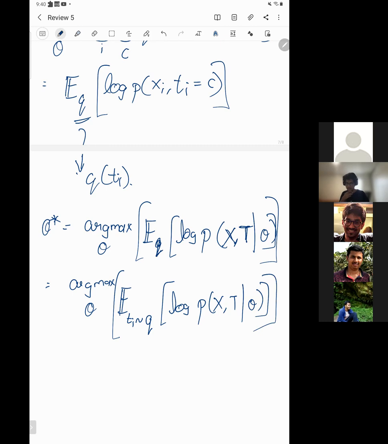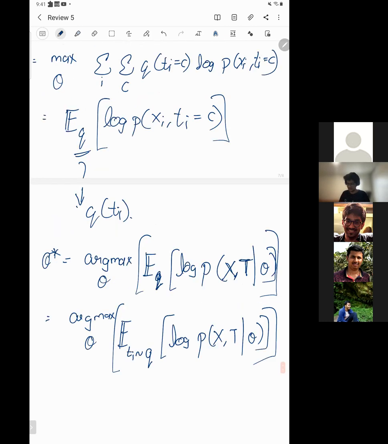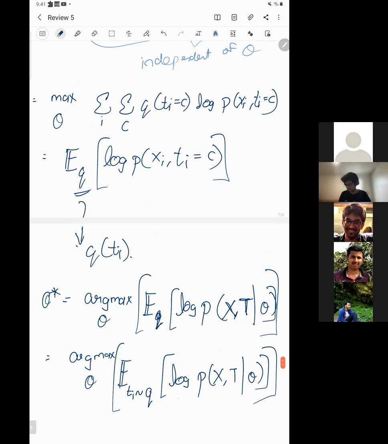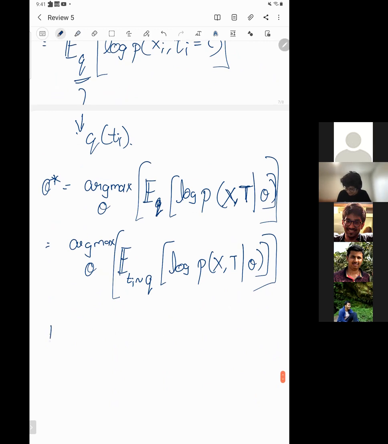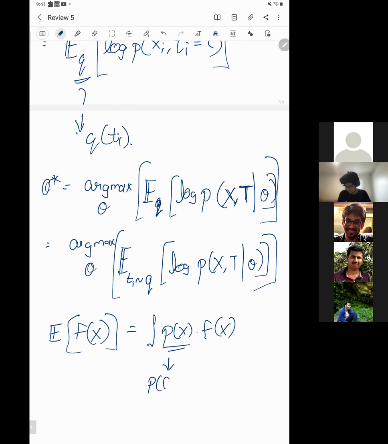If you are aware of the law of the unconscious statistician, the expected value of this quantity is simply: you can take the expected value over any distribution. So the expected value of f of x is simply this. Ideally, it should be p of f of x, because you change your random variable from x to f of x.